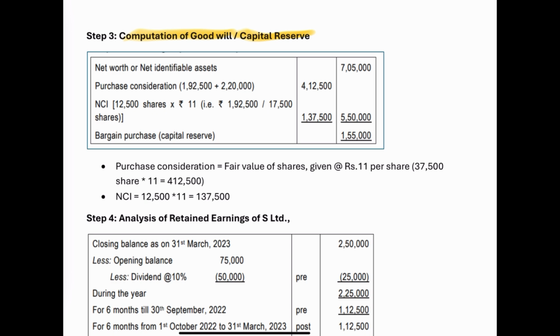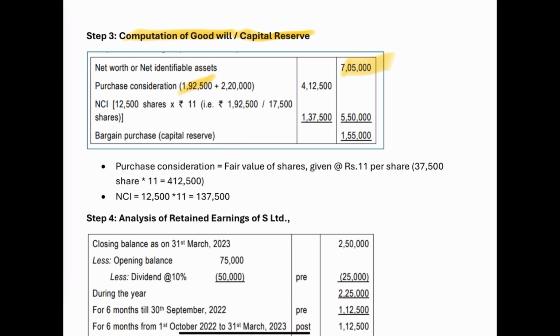So in this case, the net identifiable assets, as we have computed in the previous step, it comes to 705,000. And we'll have to see what is the fair value of the investment or the purchase consideration. So fair value of purchase consideration, we have this 192,500.